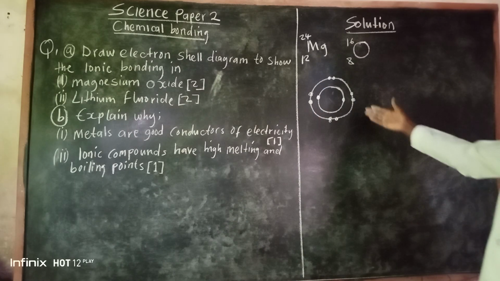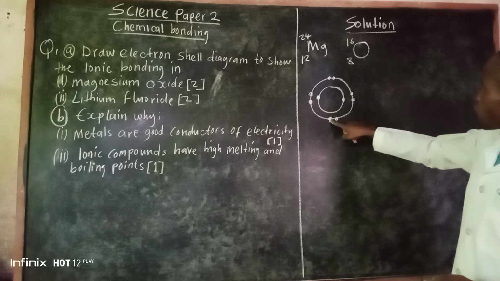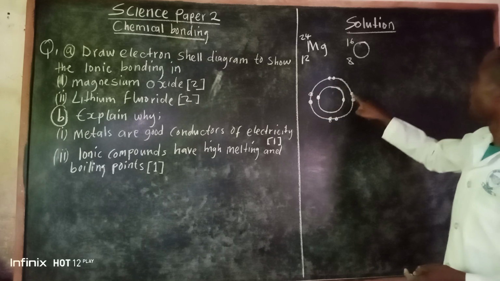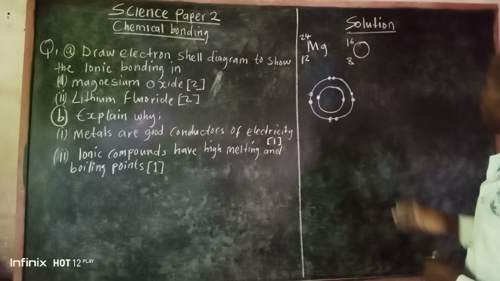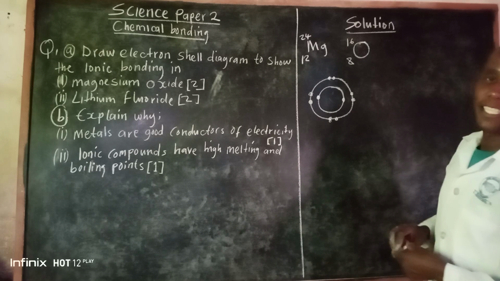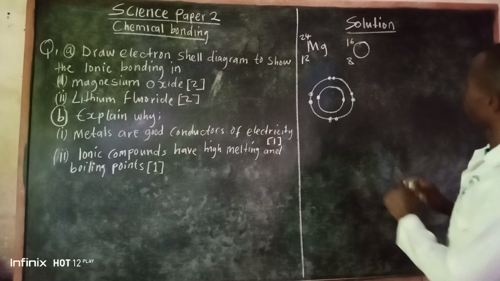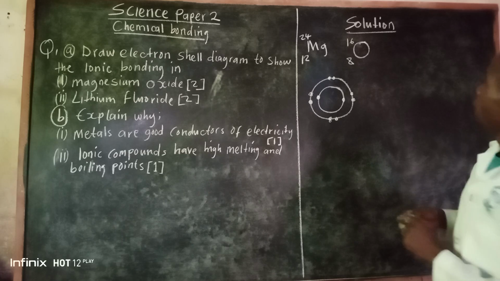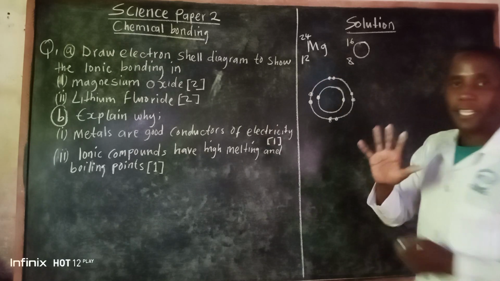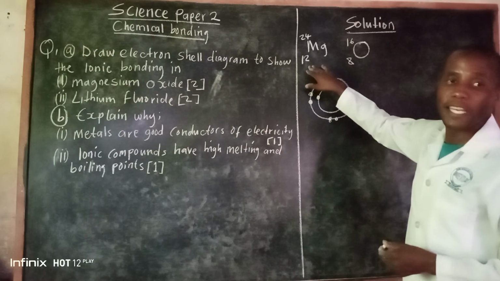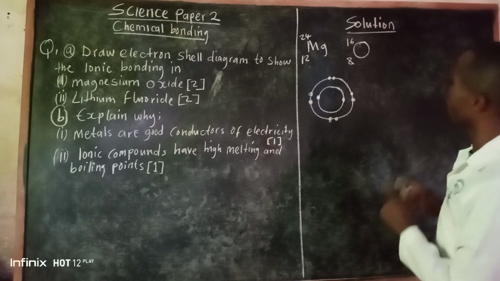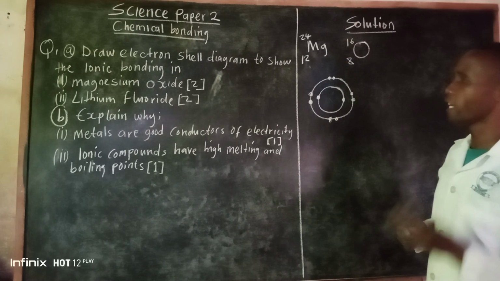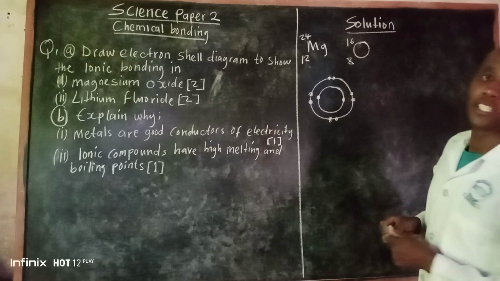So this is now 8: 1, 2, 3, 4, 5, 6, 7, 8. That is how the electrons are lined in those shells. Remember, we have just used 10 electrons out of 12, so we remain with 2 electrons in the outermost shell.